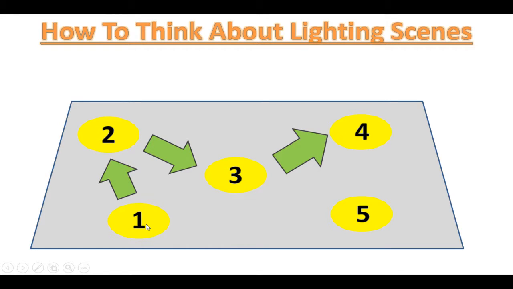We want to either snap to that point, so we just jump from 1 to 2, or we want to fade from 1 to 2. The way we accomplish that is we tell it a time. So we want it to go from step 1 to step 2 in so many milliseconds, step 2 to 3 in so many milliseconds, 3 to 4 in so many milliseconds, and 4 to 5 in so many milliseconds.